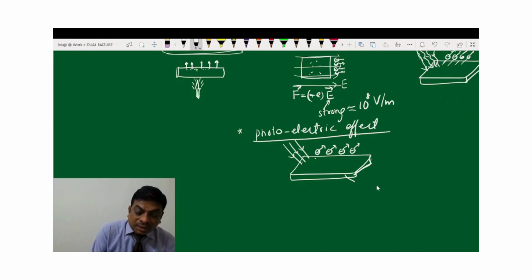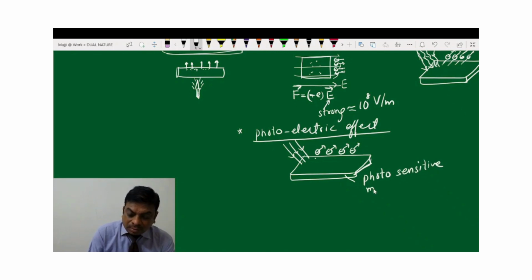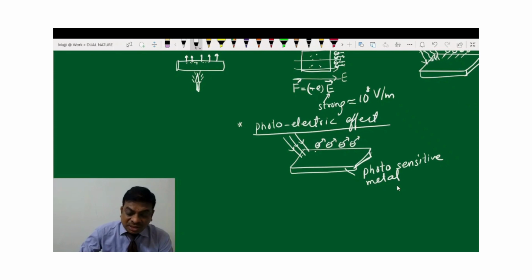Such metals are known as photosensitive metals or photosensitive substances. Not all show the photoelectric effect. Particularly the alkali metals are highly photosensitive: sodium, potassium, cesium and so on. So this is what we are going to study.